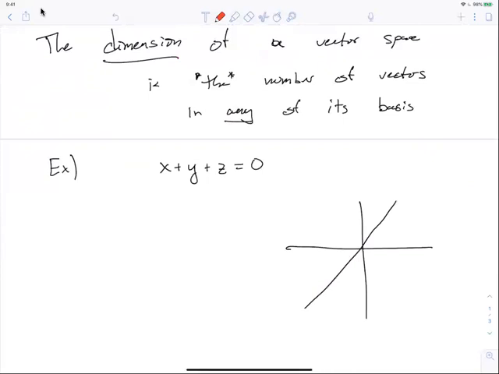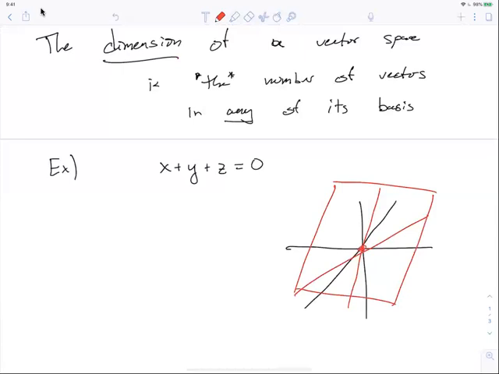This is going to be something like a plane that looks like this. It goes to the origin and traces out 2 lines in the xy and xz planes. So it's just a flat plane with slope 1. And it's a plane, so it has dimension 2.